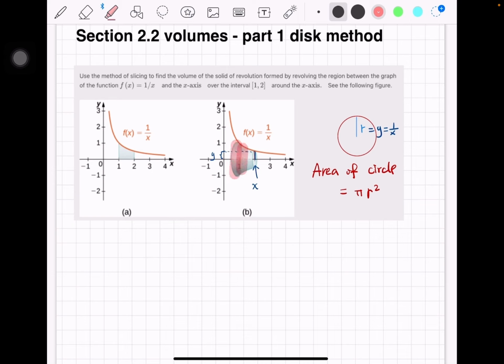However, we're going to slice the three-dimensional object into infinitely many slices, and each one, even though it's really thin, we still imagine that there is a thickness.